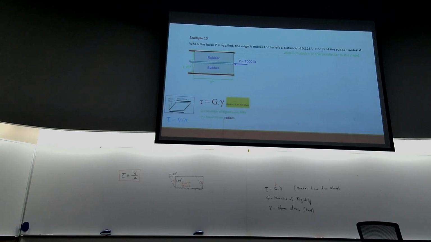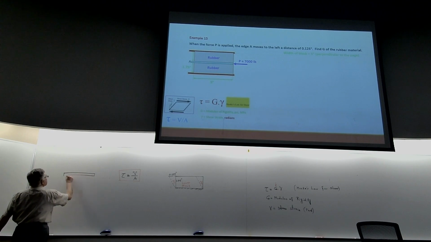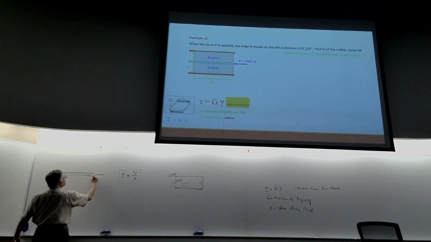What's the shear force in each block? Is it 7,000 pounds? How much is it? 3,500. So if you look at the blue plate, it's being pushed to the left here, 7,000 pounds.